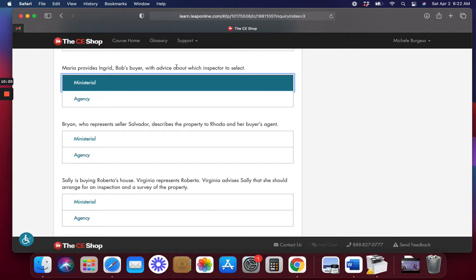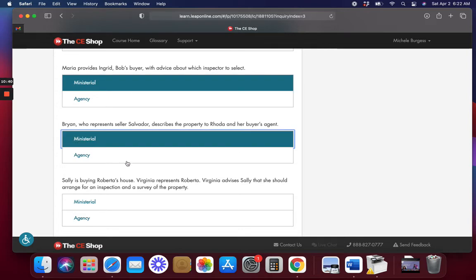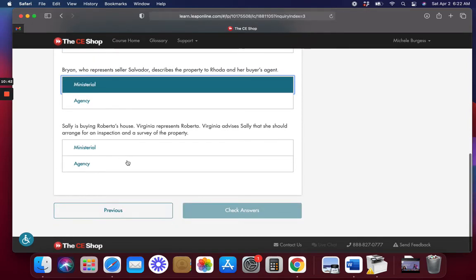Brian, who represents seller Salvador, describes the property to Rhoda and her buyer's agent. Oh, boy. Let's see. Okay, I think this is just this. All right, Sally is buying Roberta's house. Virginia represents Roberta.